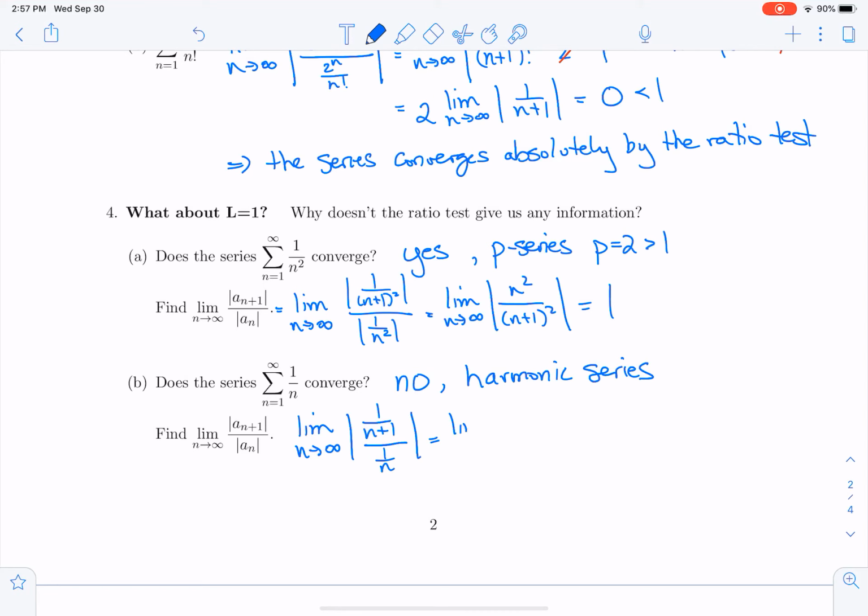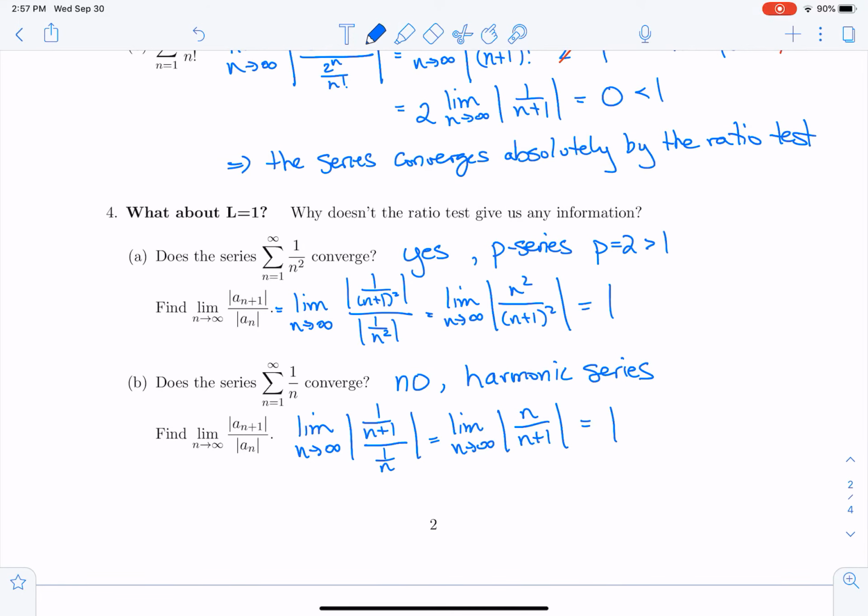That limit, if we simplify it, is going to be n over (n+1). And so that limit is actually going to be 1. But now we have a series that diverges, but the limit of the ratio of the terms is 1. So we can see that if the limit of the ratio of the terms is 1, sometimes the series will converge and sometimes the series will diverge.